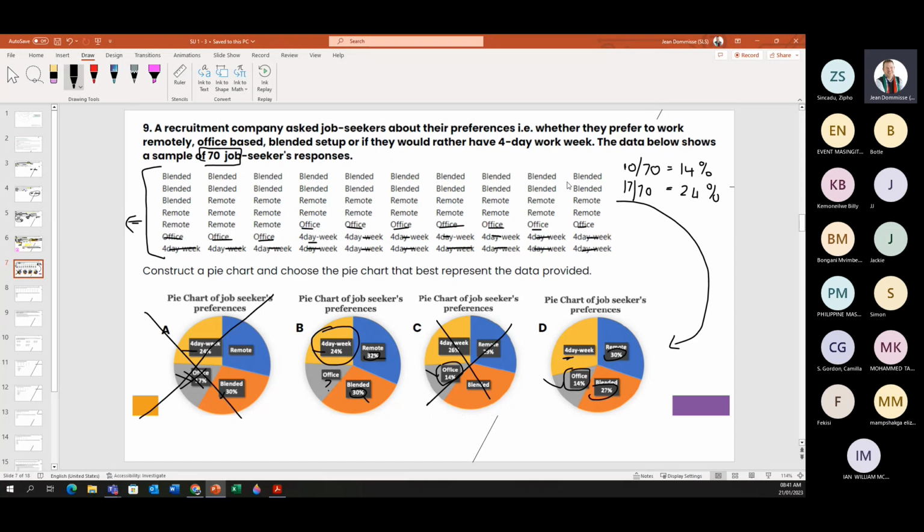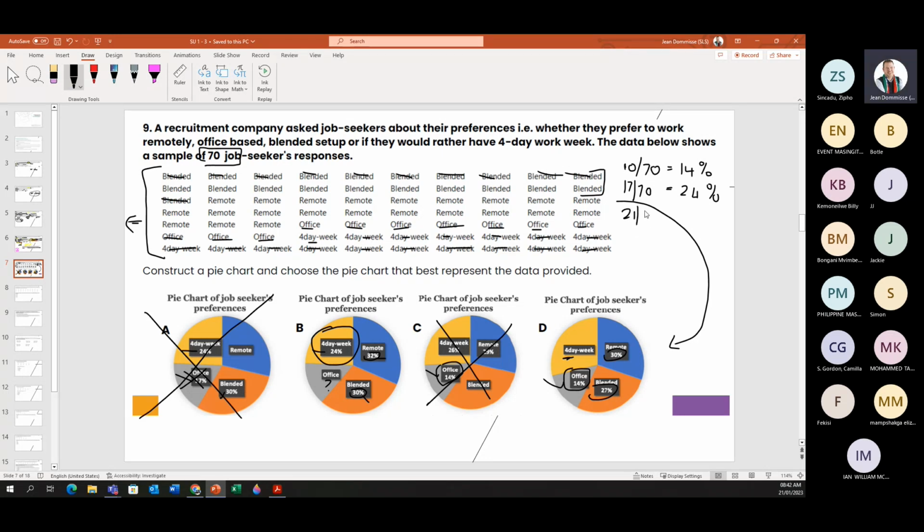Let's just do blended because that's the first one. 1, 2, 3, 4, 5, 6, 7, 8, 9, 10. So then up until there, it will be 20 and 21.